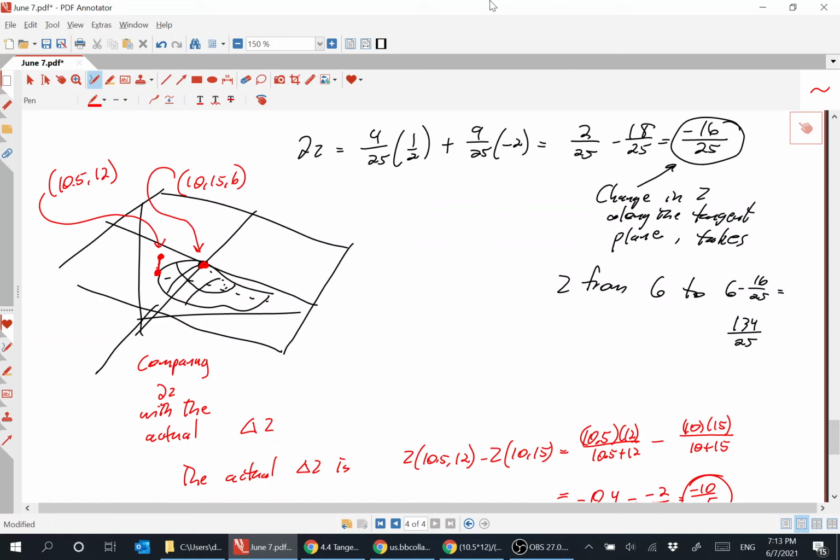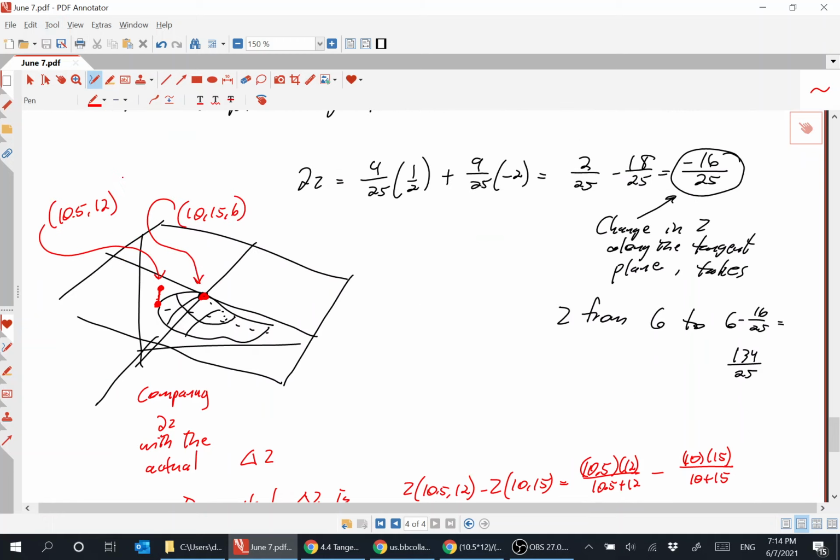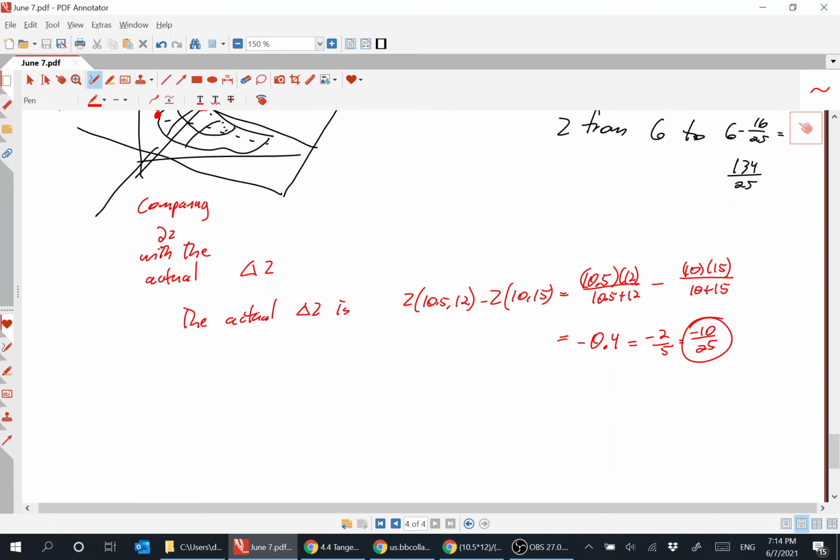Okay, so that's the total differential. It approximates the change in z, and for certain changes in x and y, it estimates the change in z. And when the changes in x and y are fairly small, which they're not really in this problem, the delta x is a half and delta y is negative 2, then they're almost the same thing. So they're off here by 6/25, which is not nothing. That's definitely something. It's a significant error.